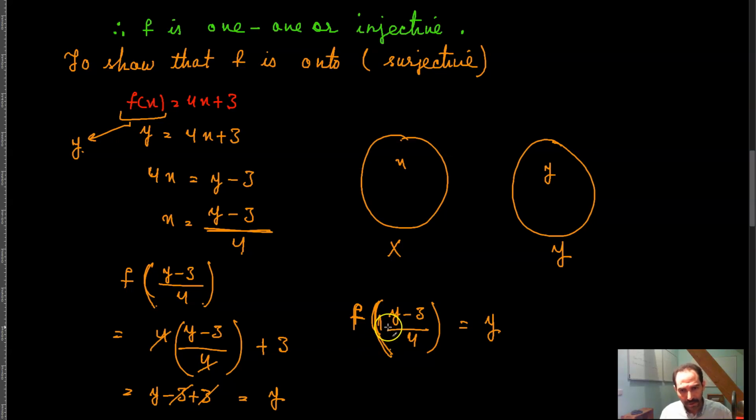Now I just need to make sure that every element in the set y is covered through this relationship, meaning that any y that I pick in the codomain of the function, I need to be able to get back from this y to some (y minus 3) divided by 4.